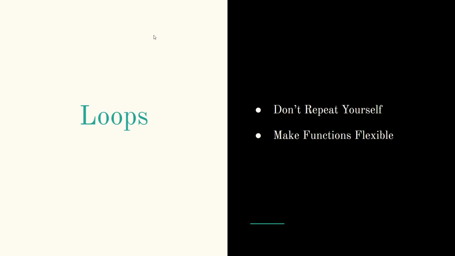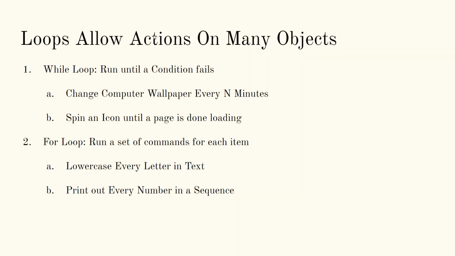Loops. Loops are a very cool tool we use to not repeat ourselves in code, and they make a lot of our functionality flexible. So loops allow actions upon many objects. A while loop is a loop that runs until a condition fails. So change the computer every n minutes, or spin an icon until the page is done loading.